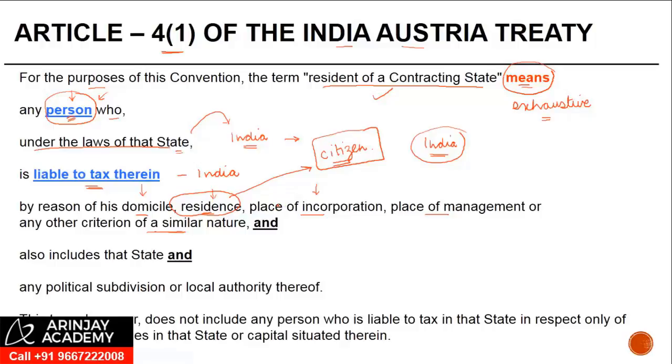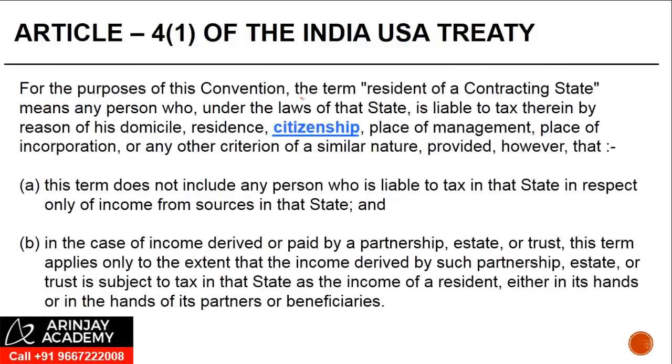Now, I'll take a pause here and I'll just show you something which is different in one of the treaties. If I go to the India-US Treaty, Article 4.1 of the India-US Treaty, here if you see it says "is liable to tax therein by reason of his domicile, residence, citizenship," right?